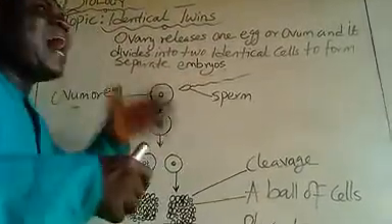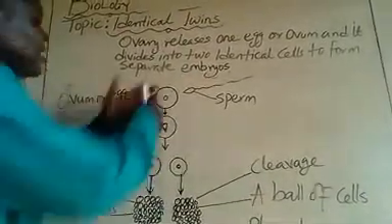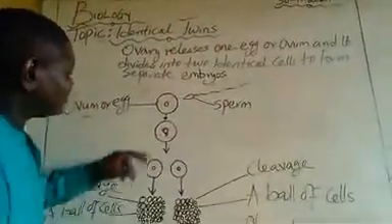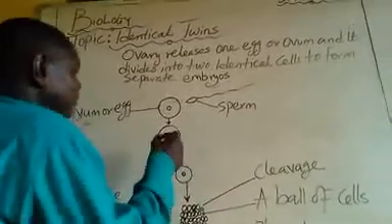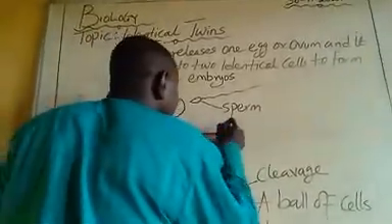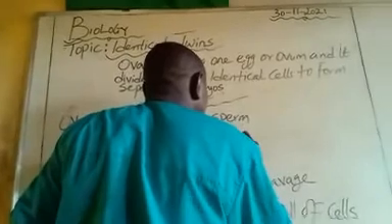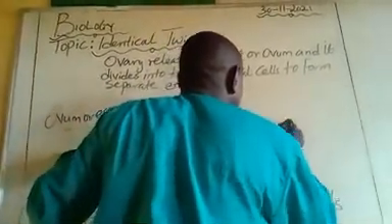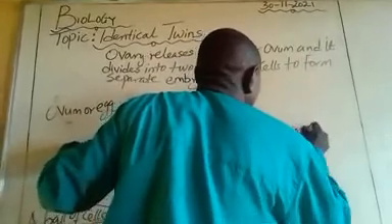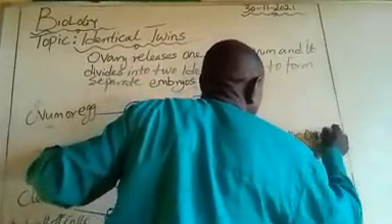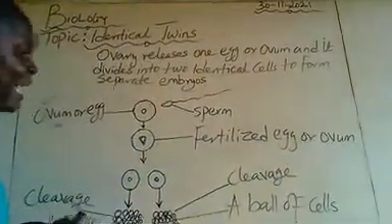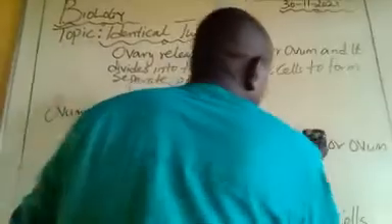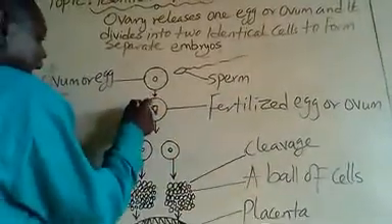Now that this egg is fertilized, I call it a fertilized egg or ovum. You can also call it a zygote.